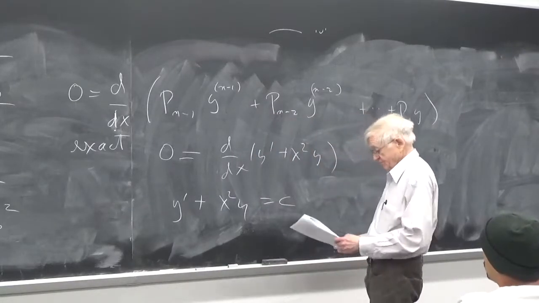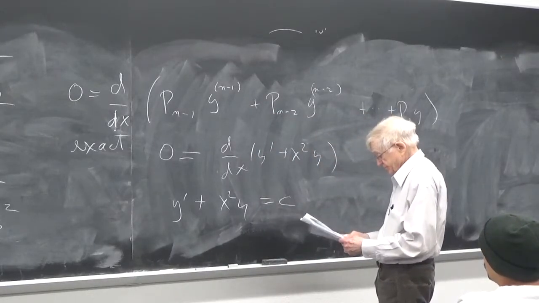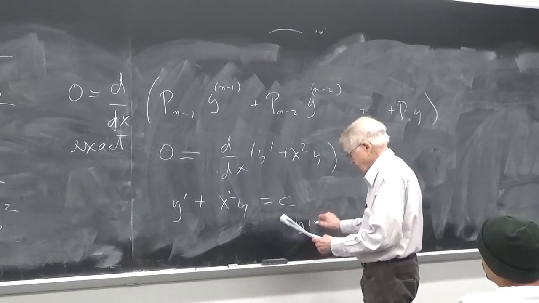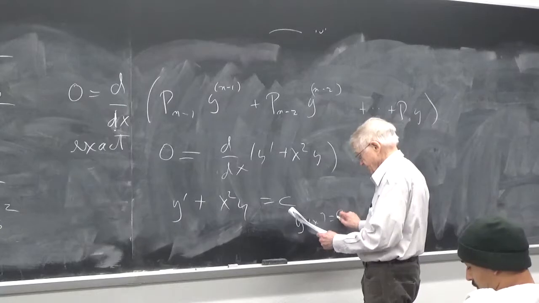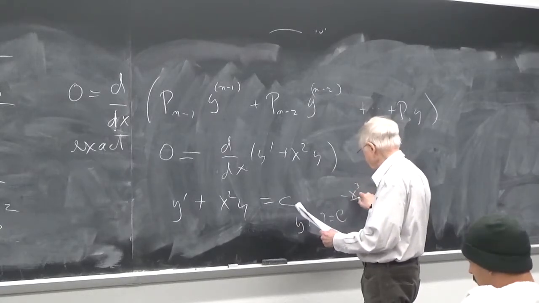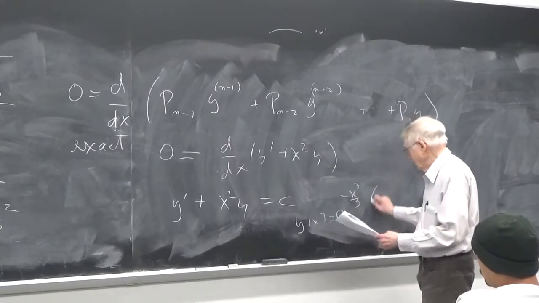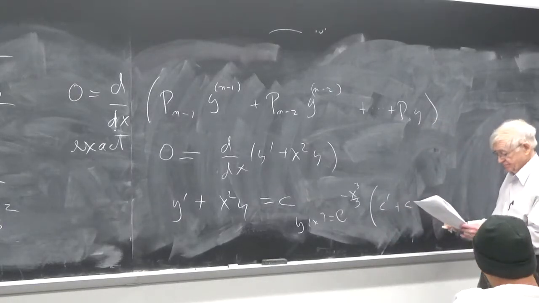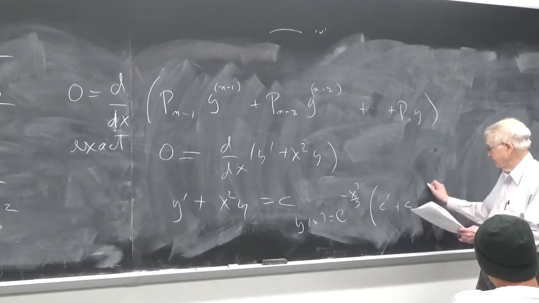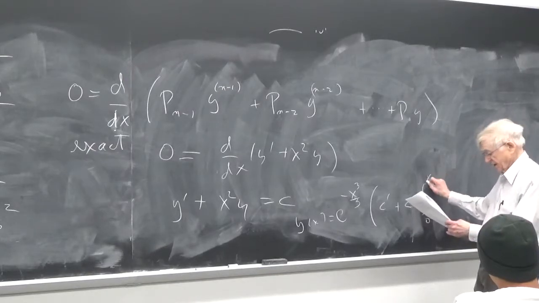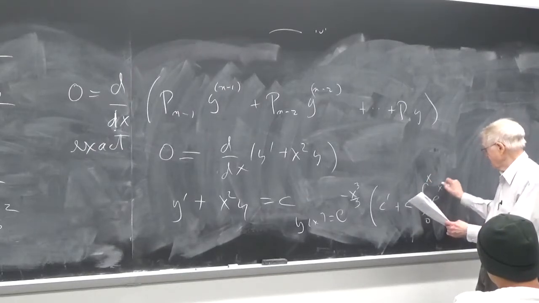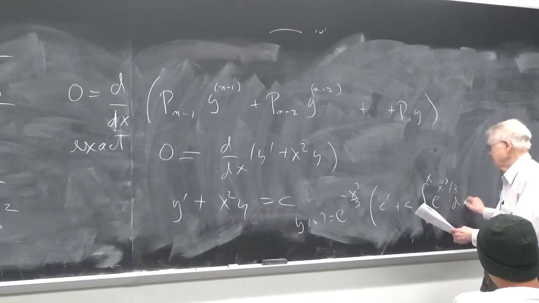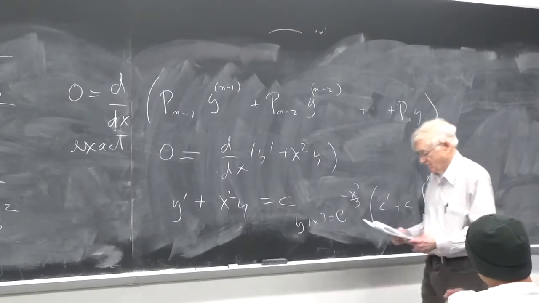And so now you can integrate that, and what you get is that y of x is e to the minus x cubed over 3 times some other constant, plus c times an integral from 0 to x of e to the x prime cubed over 3 dx prime. So that's an example of this.